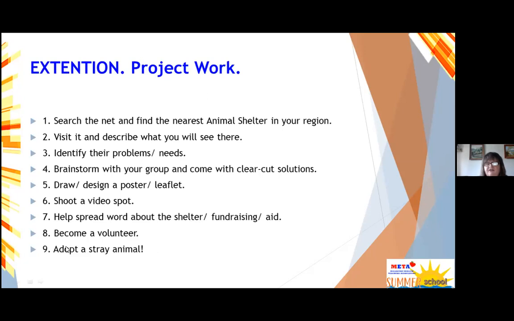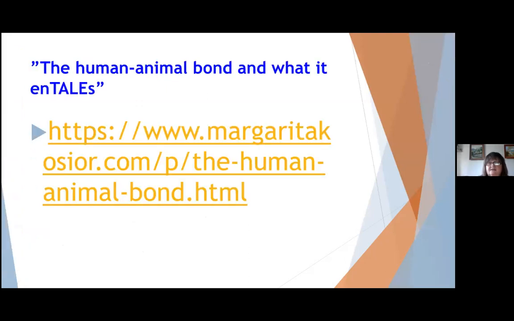People are often afraid to adopt them because they might carry diseases, but if we go to the vet, it's going to be quite successful.